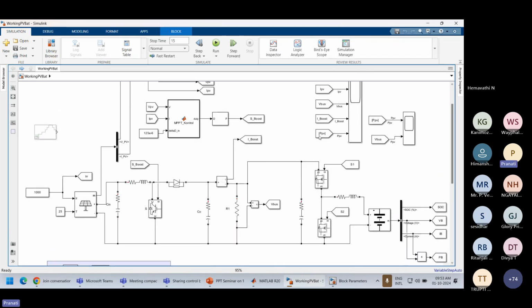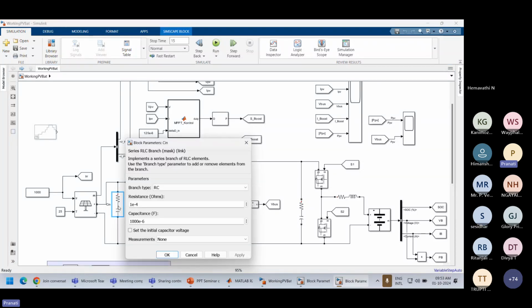This is mentioned as S boost. That is, it gives the pulses to the switch of the boost converter. Now, this is the boost converter. You can see the ratings, but voltage needs to be kept constant. Therefore, a high value of capacitor, around 1000 microfarad, is used, and the resistance value is very small. These are the parasitics.